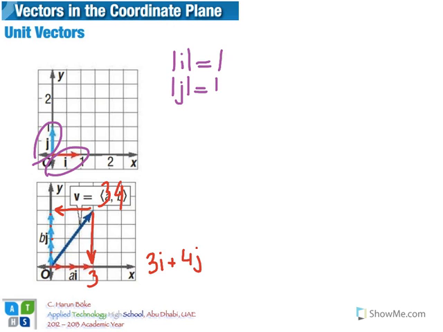So we can write it as a vector sum of unit vectors as 3i plus 4j. So the idea comes from here.